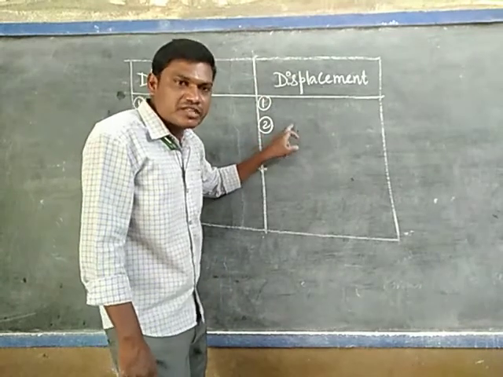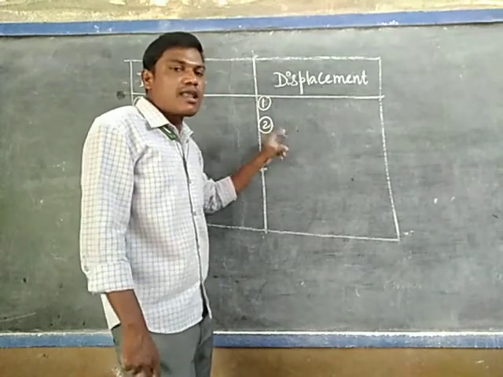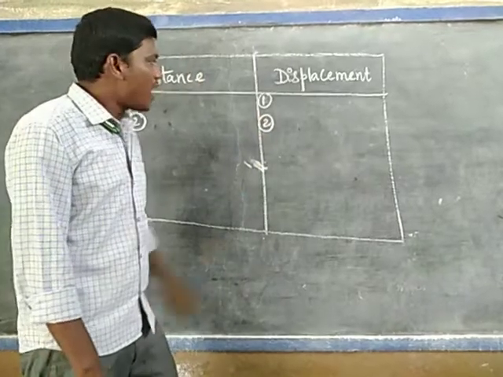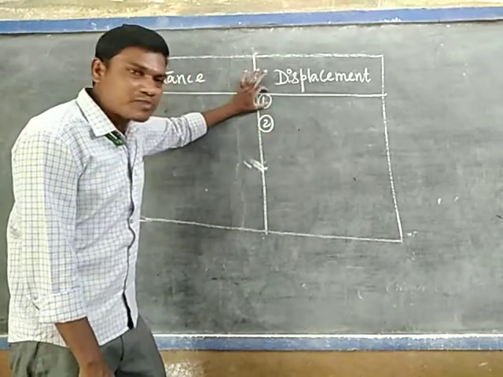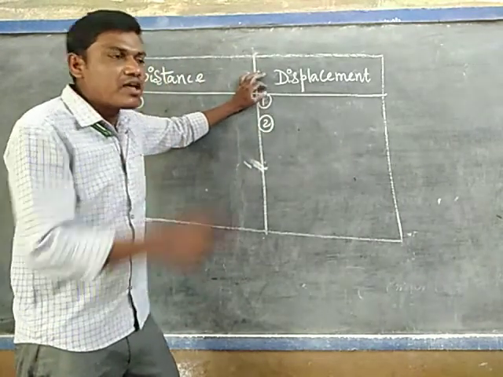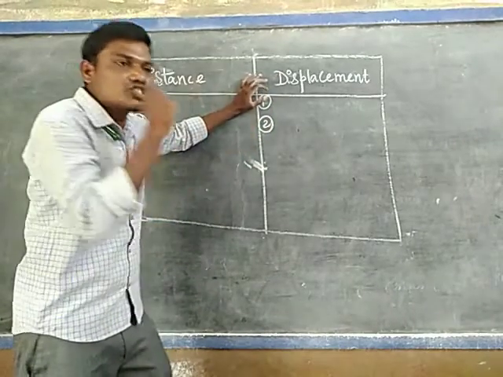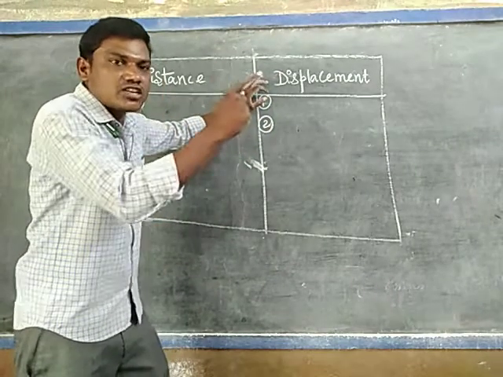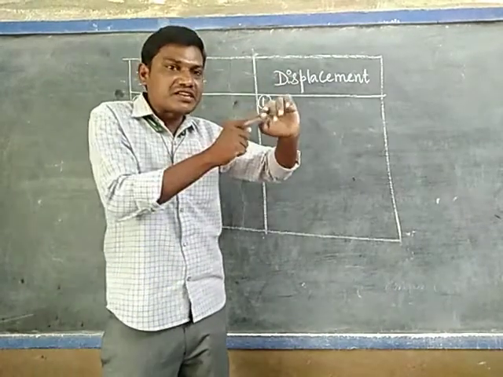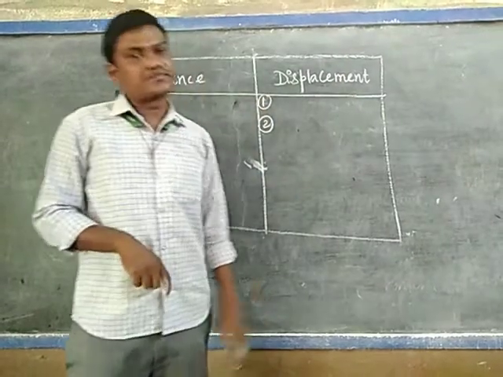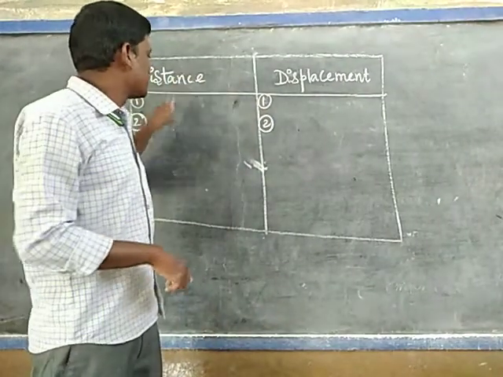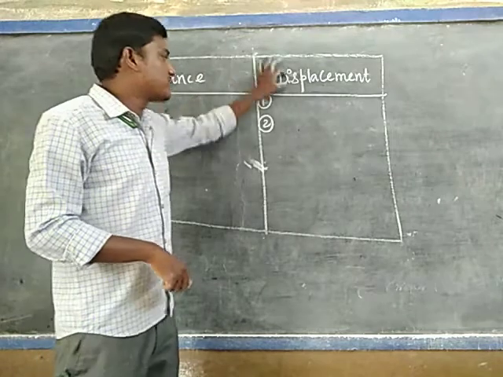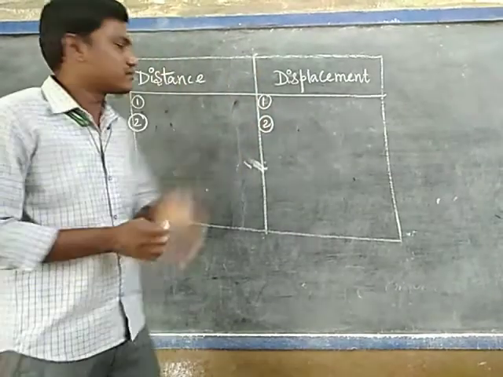Vector means it must have direction along with magnitude. I already explained that displacement is nothing but the shortest distance, represented in one particular direction. That's why distance is always a scalar and displacement is a vector.